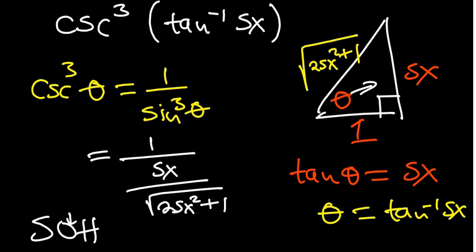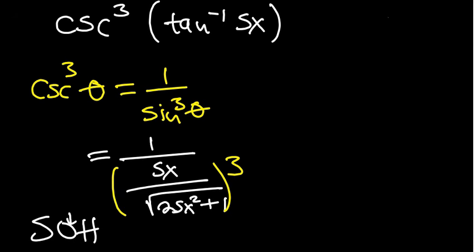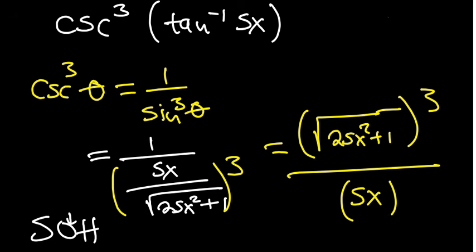Now sine is cubed, so we'll raise everything to the power 3. So first of all, the reciprocal: whatever is on the bottom will go on top, so we have the square root of 25x squared plus 1 to the power 3, divided by 5x to the power 3. So you multiply everything by itself 3 times.